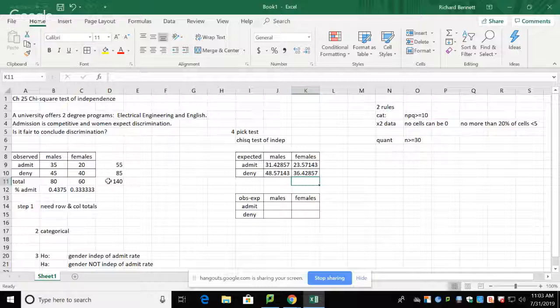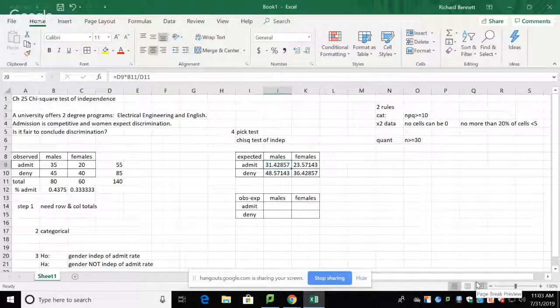All right, so here's what we're saying. If there was no discrimination going on, of the 80 males that applied, we would have expected 31.5 of them to be admitted. 35 were admitted, so more males were admitted than we expected.